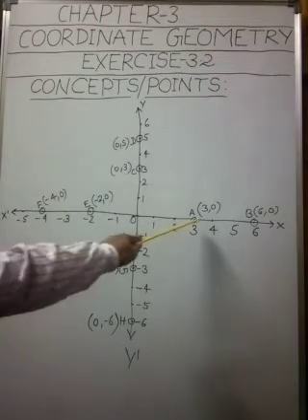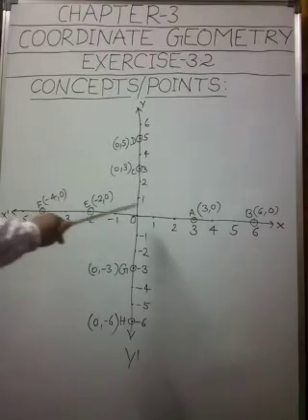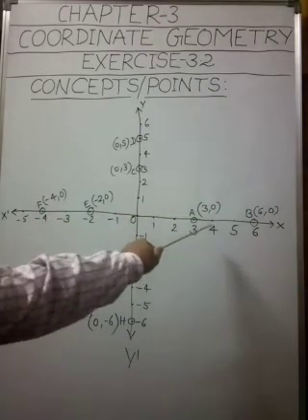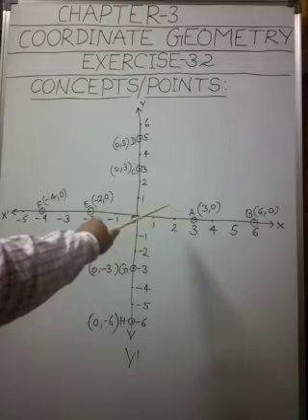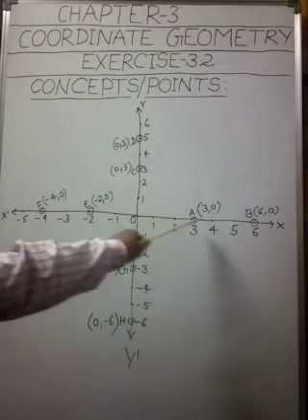See here, let us take the first point A. How do you find the x coordinate of a point? It is the distance of the point from the y-axis. We are measuring the distance along the positive x-axis.